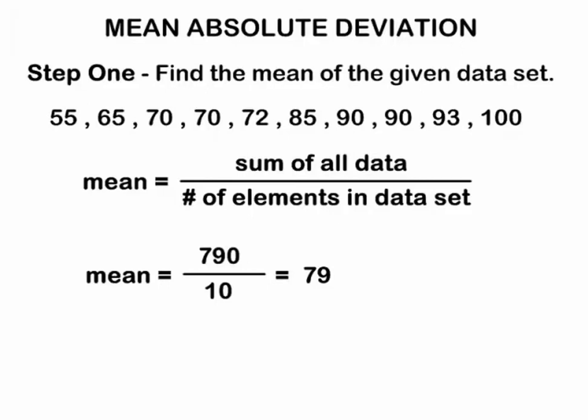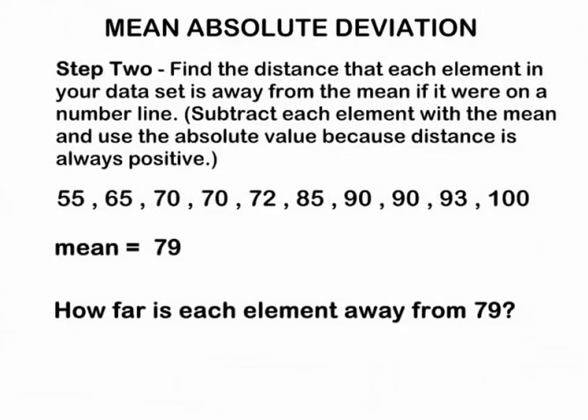After you have figured out the mean score of your data set, you have to find the distance that each element in your data set is away from the mean if it were on a number line. So basically, you're going to subtract each element from the mean and use the absolute value, because distance is always positive.